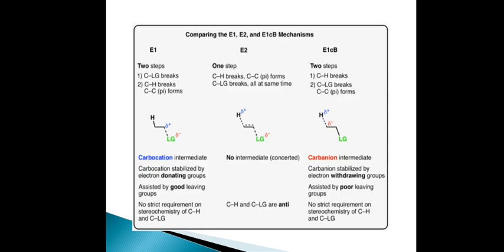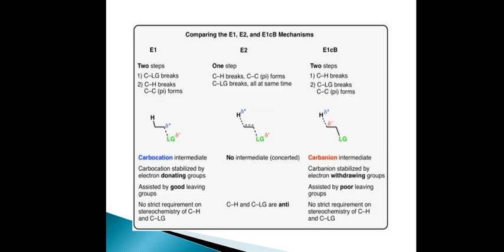The carbocation is stabilized by electron donating groups, whereas the carbanion is stabilized by electron withdrawing groups in the E1cb mechanism. The E1 mechanism is assisted by good leaving groups, whereas E1cb is assisted by poor leaving groups.